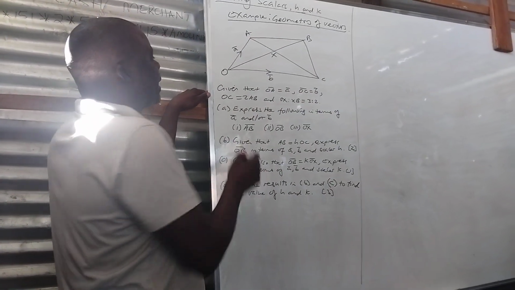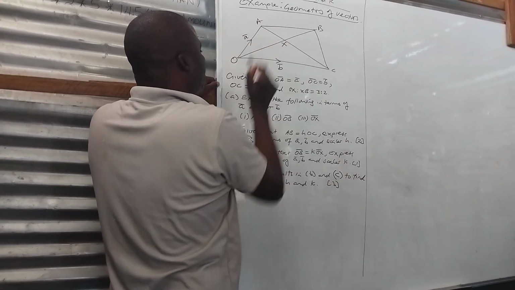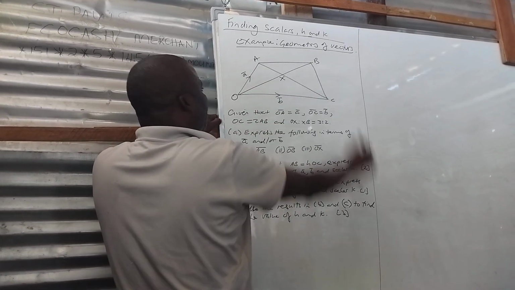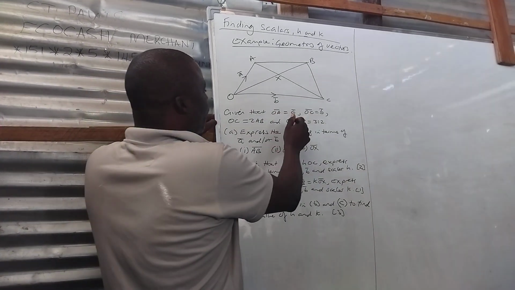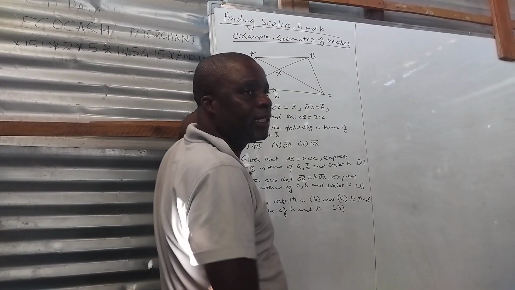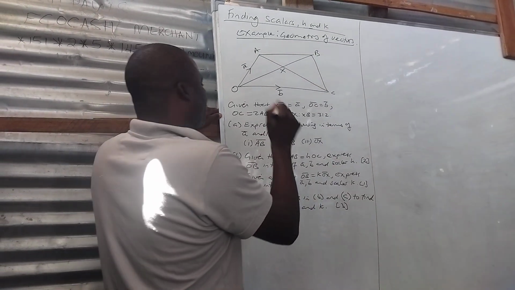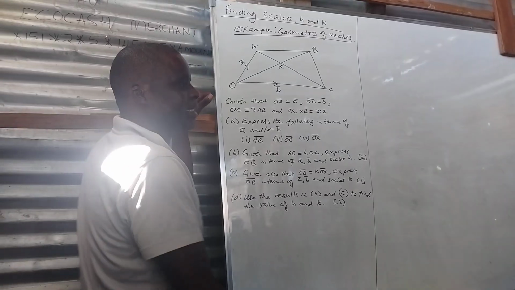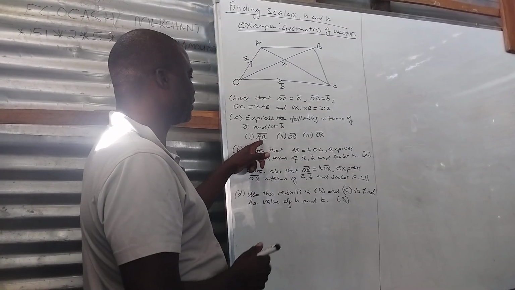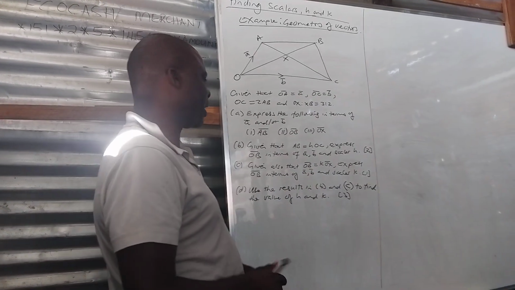Given that OA is vector A, vector OC is vector B, OC is 2AB, OC is double AB, and then OX and XB are in the ratio of 3:2. Express the following in terms of A and or B. This is how they ask now: vector AB, vector OB, vector OX.